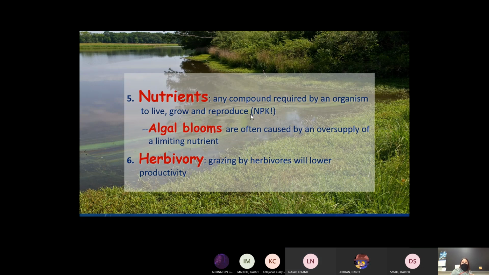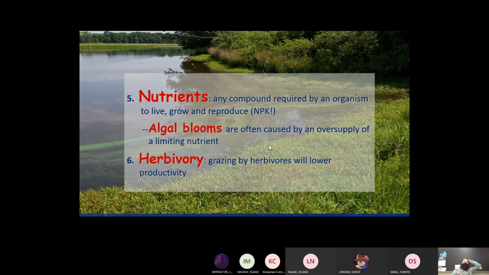N is for nitrogen. P is for phosphorus. What does K stand for? No one ever remembers this because the word doesn't start with a K. Potassium, very nice. That one's always the tricky one. So all living things need those, nitrogen, phosphorus, potassium. That's what you'll see in a lot of fertilizers as well.